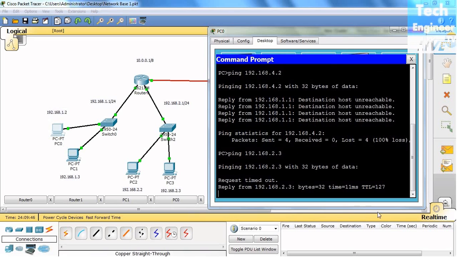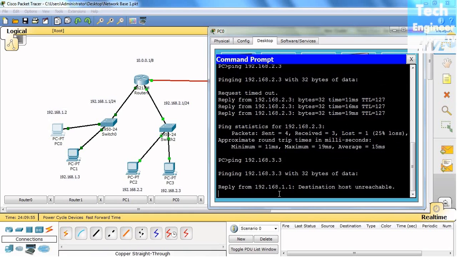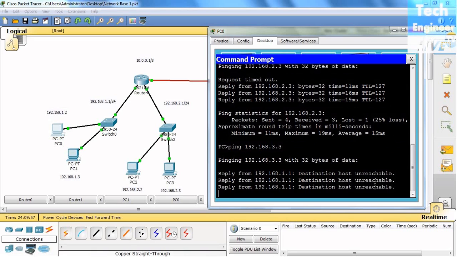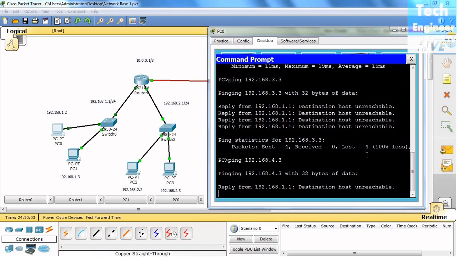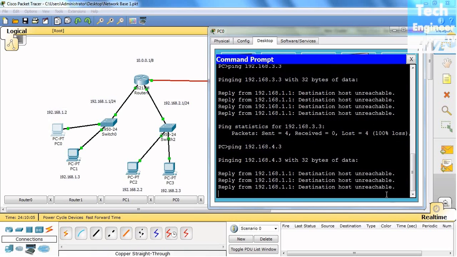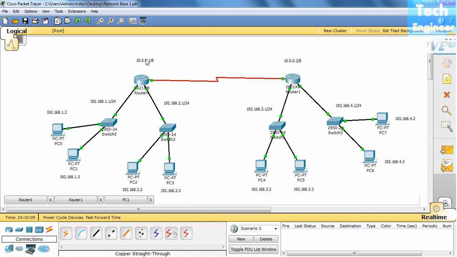You can see it's pinging, but it will not ping the 3 network. For example, 3.3. You can see the reply: destination host unreachable. 4.3, destination host unreachable. The reason is that this router doesn't know this other router's network.